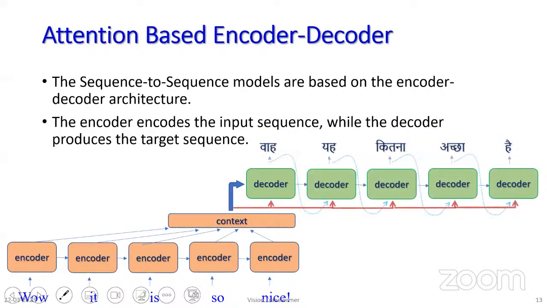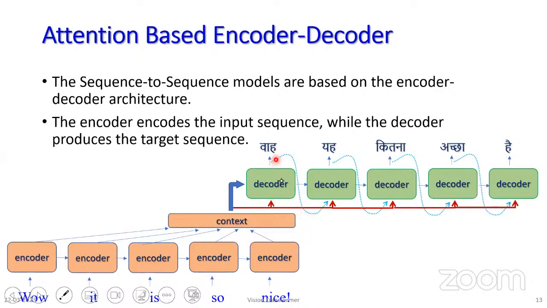Not only the first decoder unit uses the context vector along with the hidden information of each encoder unit, but each individual decoder layer will be dealing with this context vector along with the hidden states of all the encoder units, giving weightage to each encoder unit.